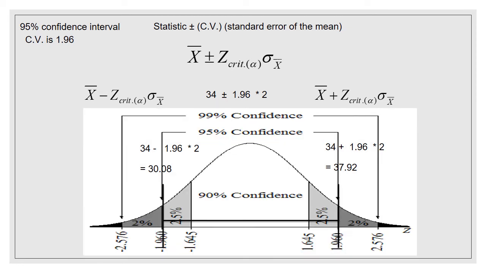That center part ranges from a z-score, that critical value, of negative 1.96 to positive 1.96. If we were doing this for a 99% confidence interval, we're just going further out into the tail so that we capture 99% of our sampling distribution of the mean.